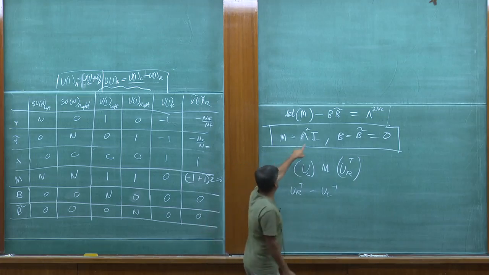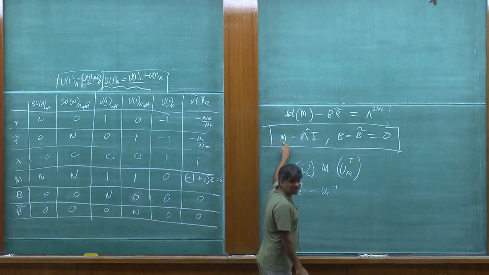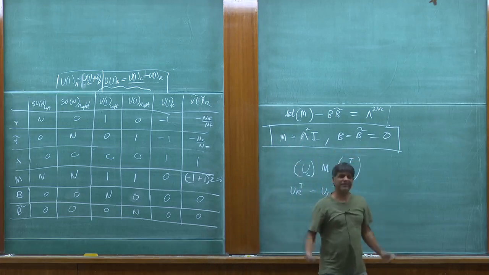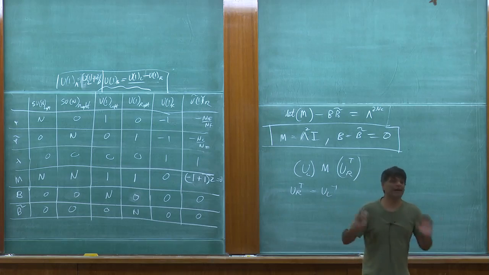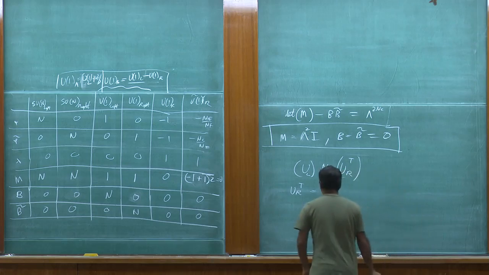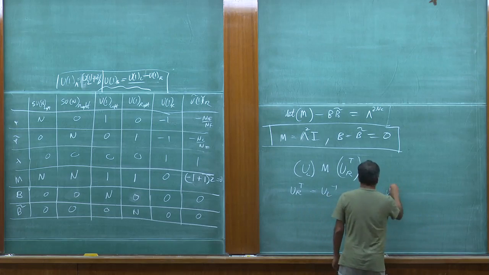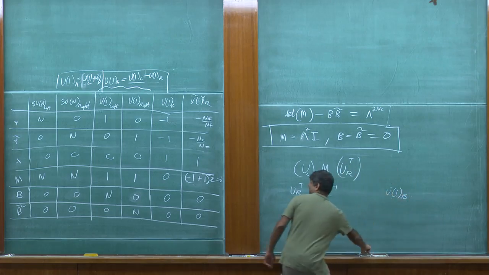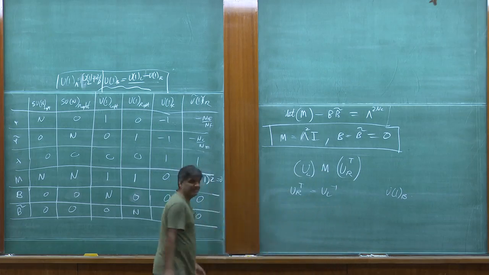Now, U1 baryon: M is uncharged under U1 baryon. These two were charged, but they have vacuum expectation value 0. So U1 baryon is preserved. And we see that nothing is charged under R symmetry.